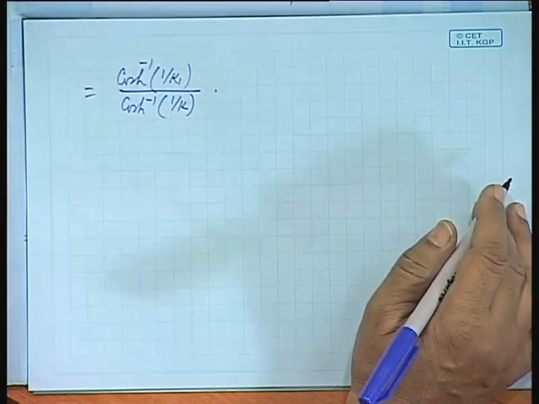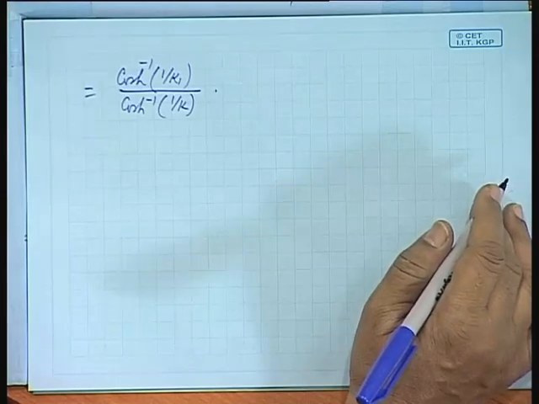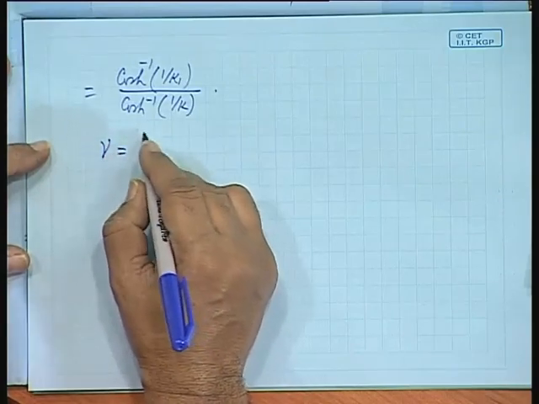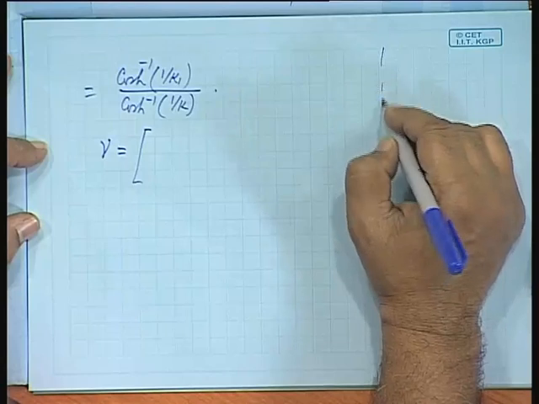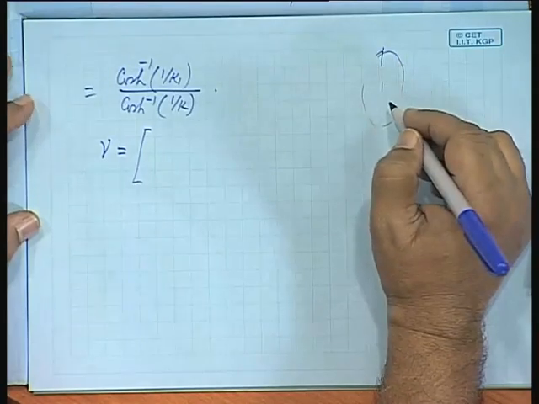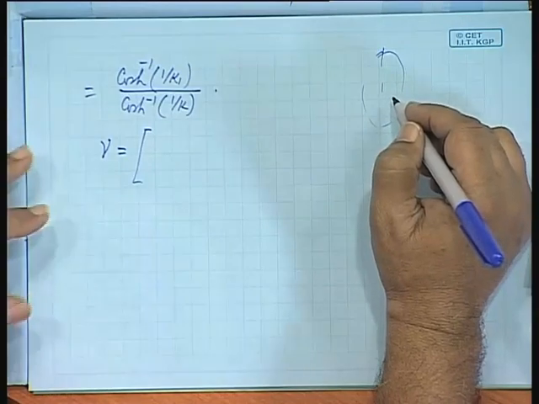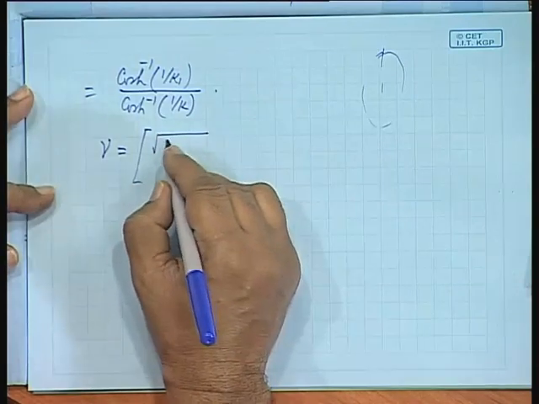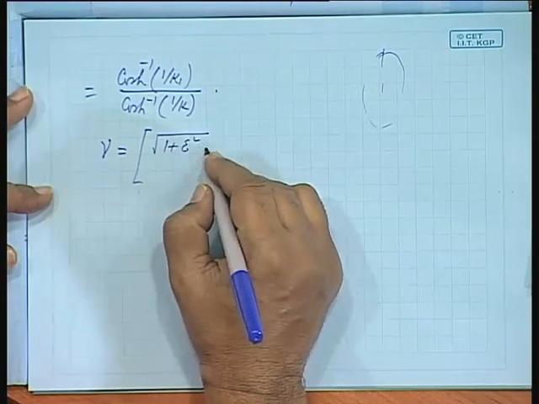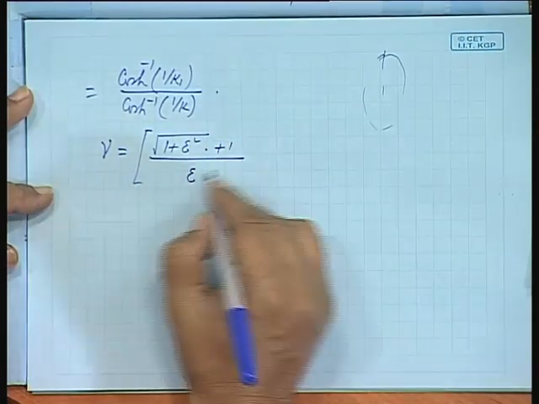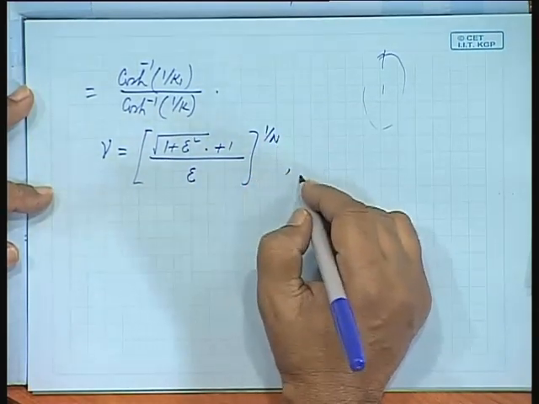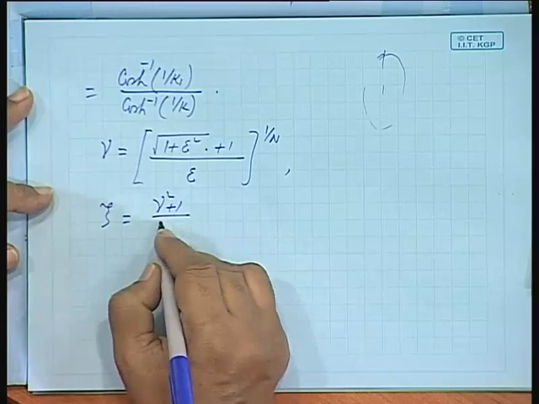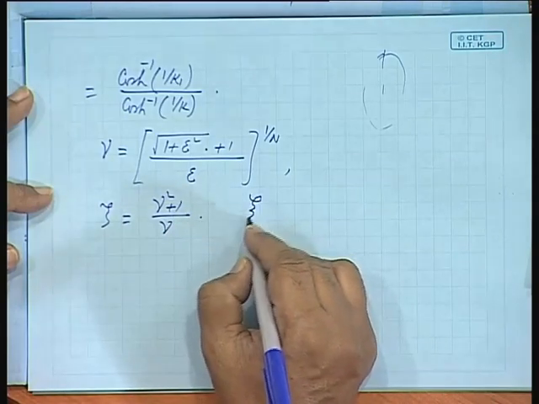So, the polynomials can be framed, we have to get the roots. Basically, the Chebyshev roots will be lying on an ellipse. So, if you are given epsilon, then you can write gamma equal to 1 plus epsilon squared plus 1 divided by epsilon to the power 1 by n, and zeta equal to gamma squared plus 1 by gamma.